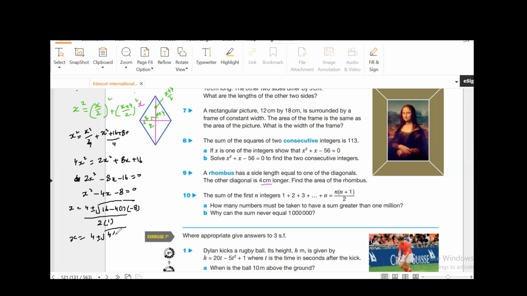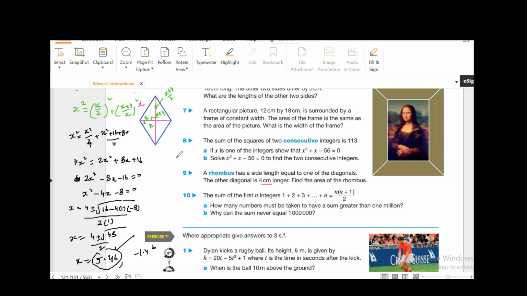So we have the square root of 48 over 2. We will get two answers. One answer is 4 plus the square root of 48, divided by 2, which gives me 5.46. The other answer is of course with minus: 4 minus the square root of 48 divided by 2, that gives me negative 1.46. So I will prefer to use the first one.